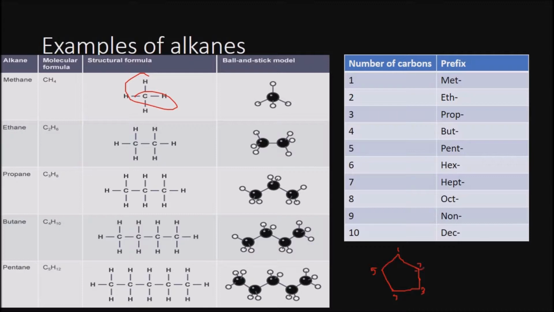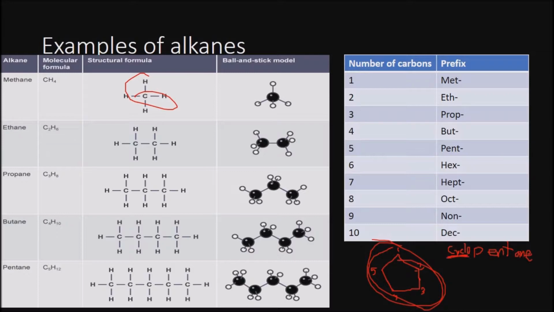They should be like here. But if the formula is represented by a ring, we have to add the prefix cyclo. Cyclopentane. If the structure is in a ring, it has to have the prefix cyclo.